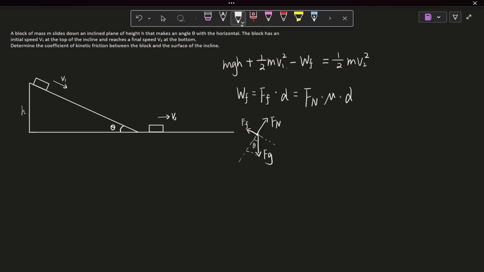This is theta. Net force in y, toward the incline, is equal to Fn minus Fg times cosine theta equals 0. So we get Fn is equal to Fg cosine theta, which is mg cosine theta.